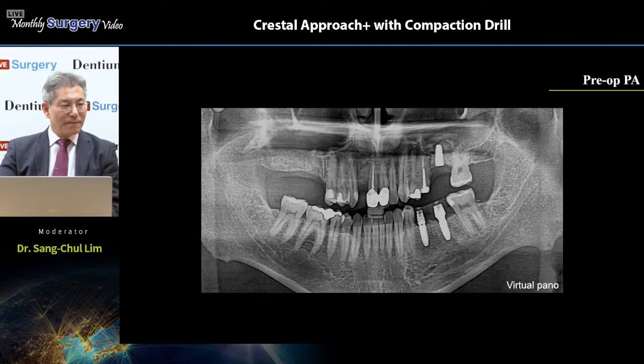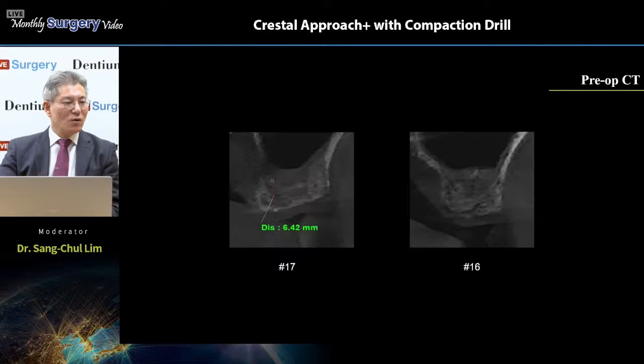The floor of the sinus is a little bit low, so the crestal approach and elevation are needed to insert 7-9 millimeter implant fixtures in this area, right? The remnant of the bone was 6.4, almost 7 millimeter. So that is a good indication for bicortical fixation or the crestal approach, right?